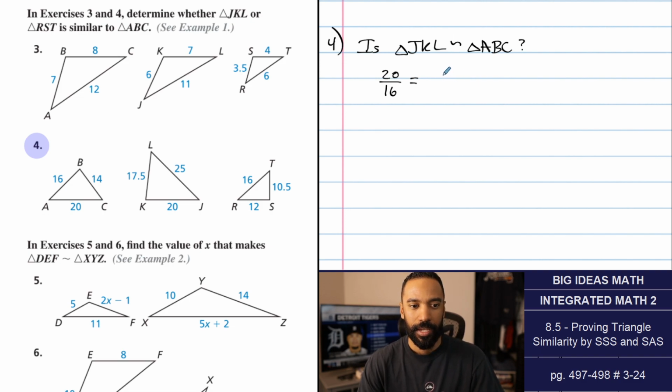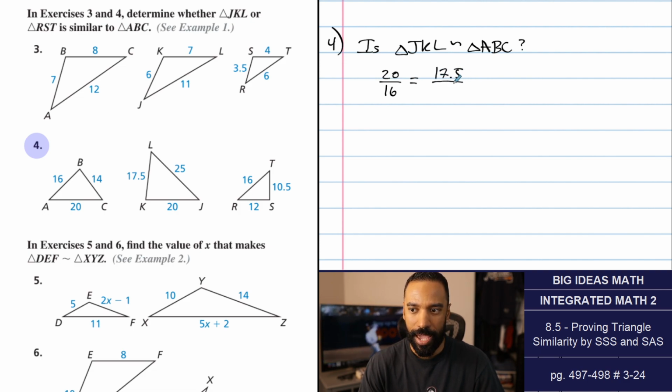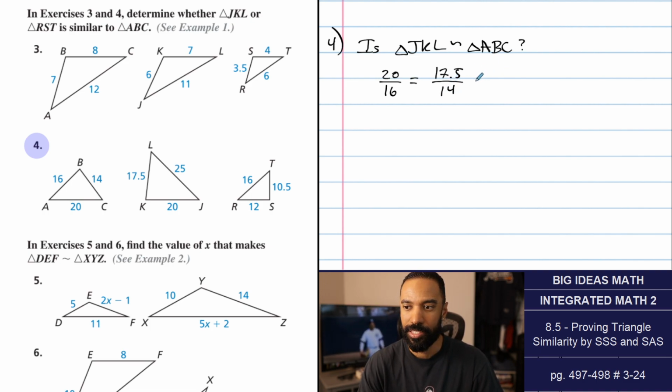Let's try JKL. KL is 17.5 and BC is 14. Those are the shortest sides. I don't know if that's true or not yet. I'm going to set this up first. And then JL is 25 and AC is 20.